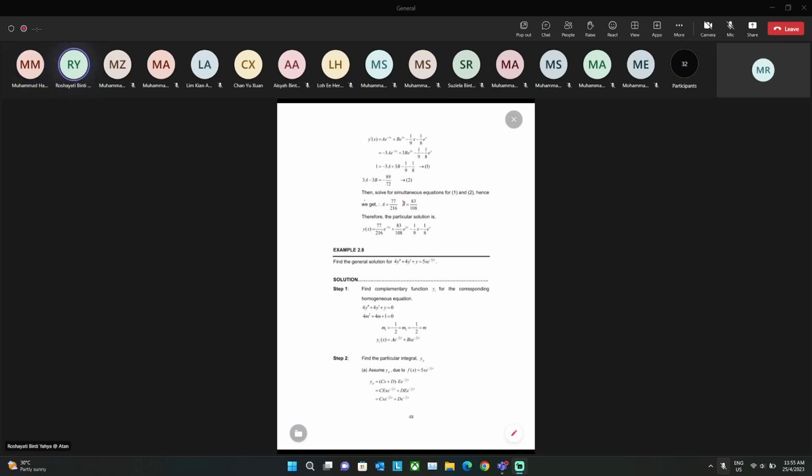So solve the simultaneous equations for A and B. This is simultaneous equations, like when I studied long ago. And then A you will get 77/216, and B 83/108.